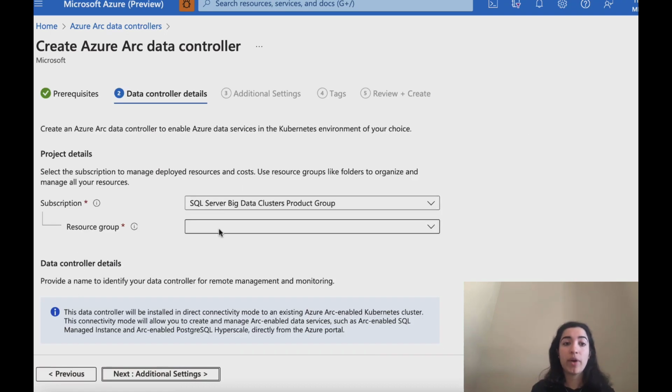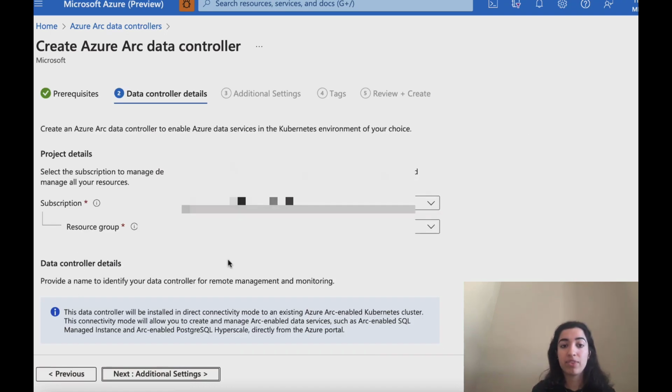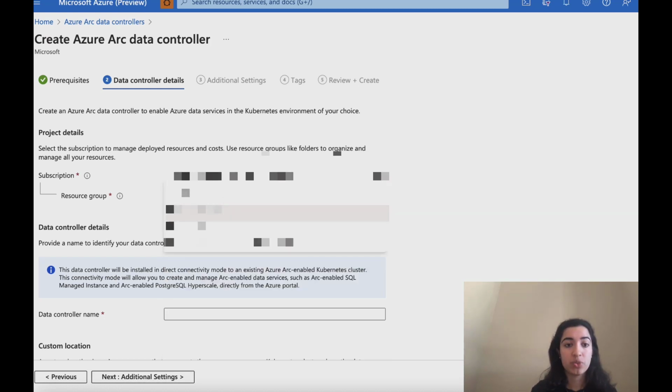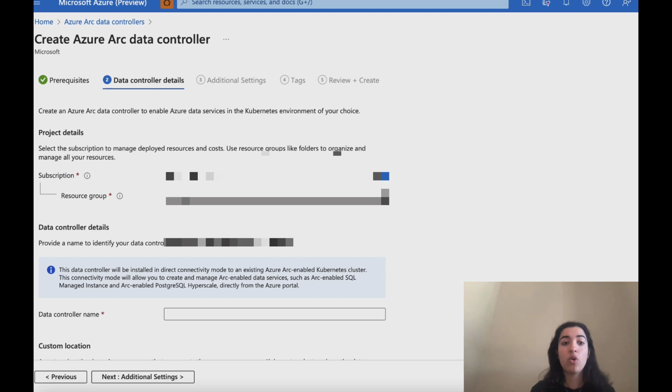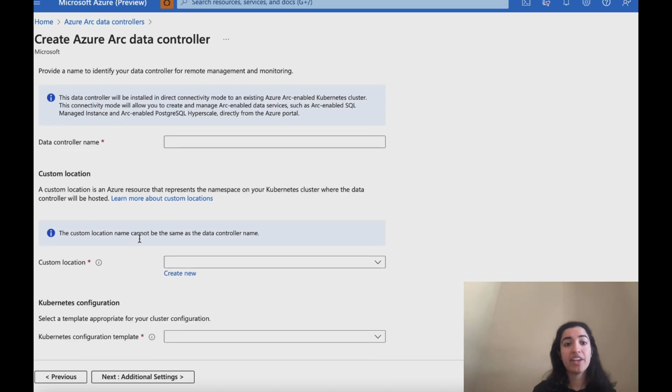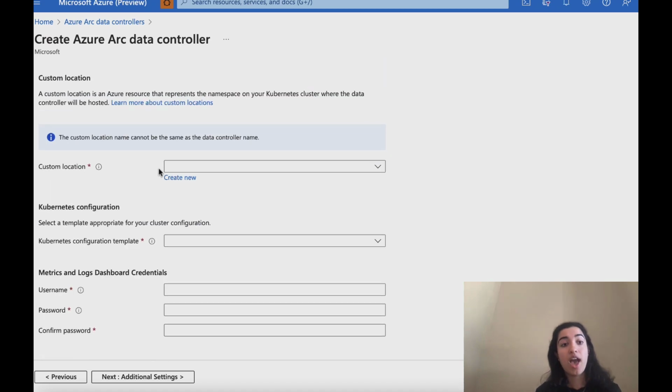After this, you can go ahead and fill out the information needed here. You will connect to your subscription. Within the subscription, please pick your resource group, and then you will be prompted to name your data controller. You can name it anything that you want. I will just call mine for testing purposes, and then you'll go into the custom location.